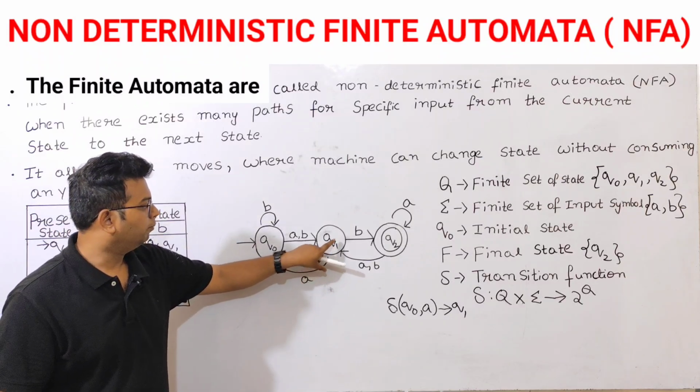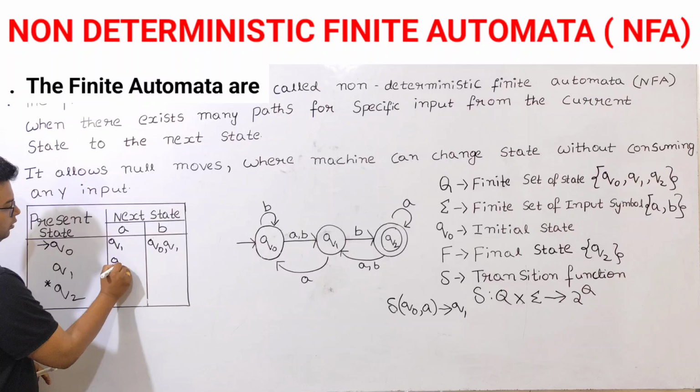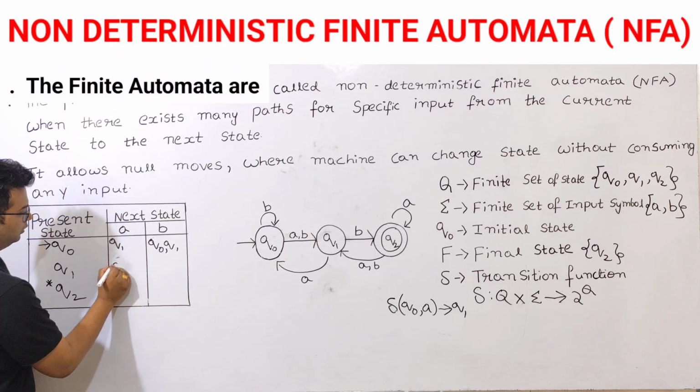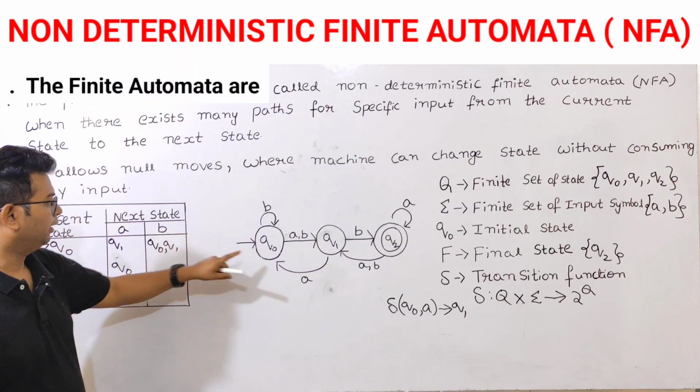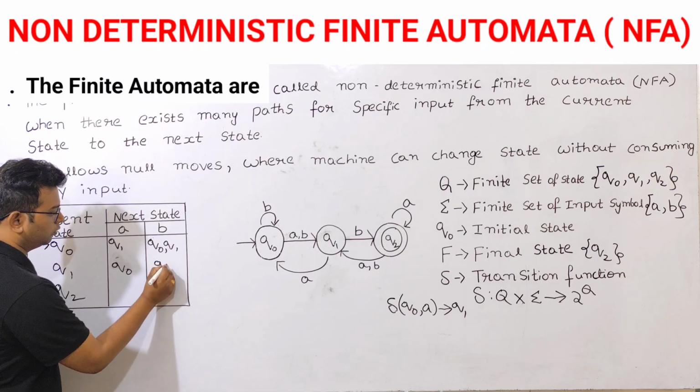At Q1, by giving A as input, we'll get Q0. By giving B as input, it gets to the final state Q2.